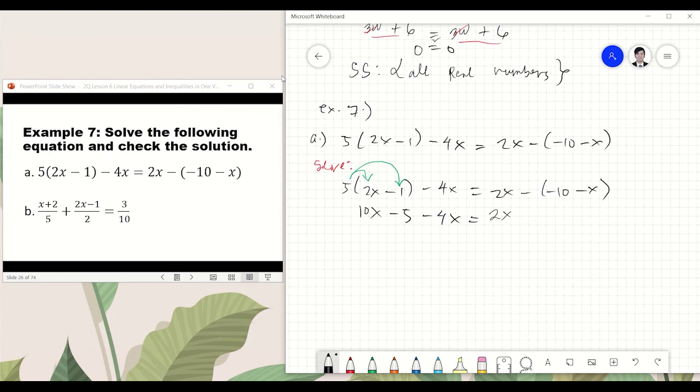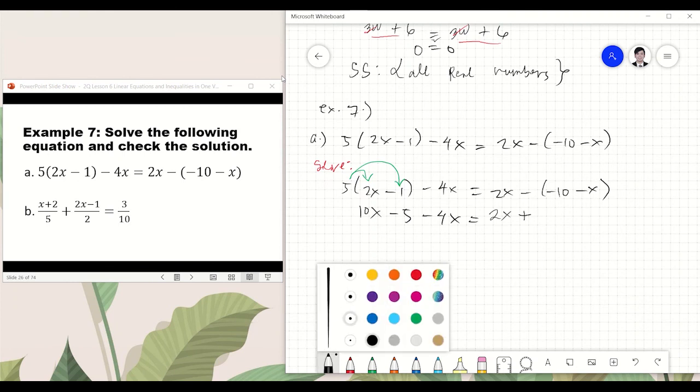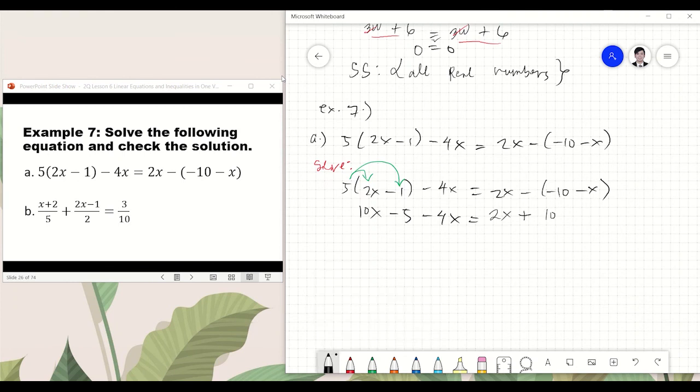So, since minus ito, gagawin natin siyang plus. Pero needed nating kunin yung opposite ng each terms ng ating negative 10 minus x. So, magiging 10 yung negative 10, magiging positive x yung negative x.